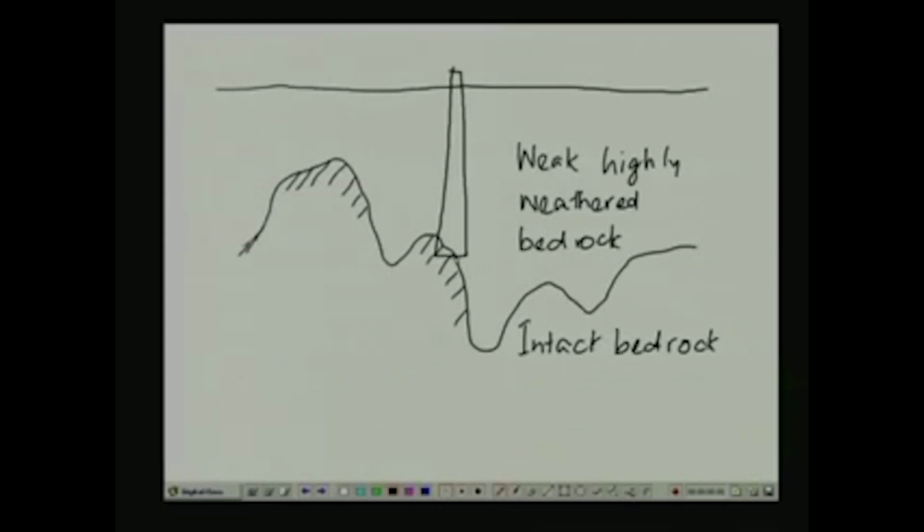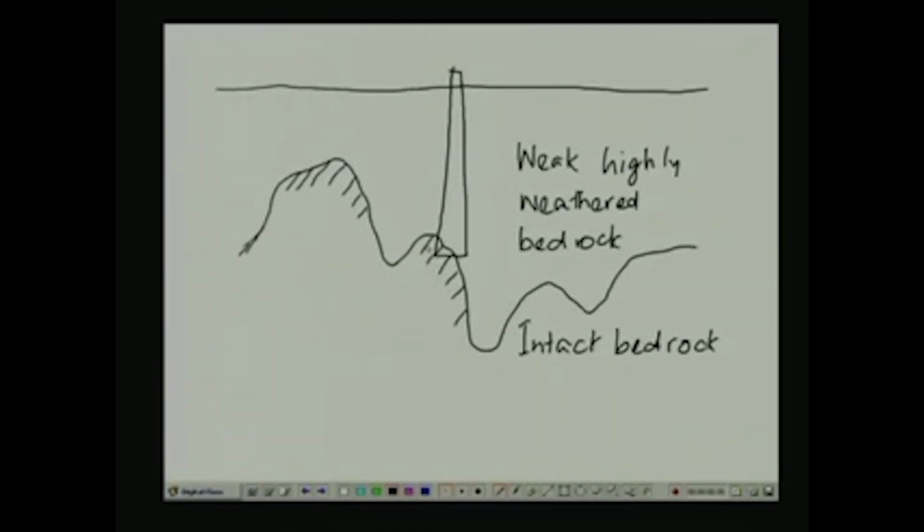If the bridge construction were not properly planned, we could have a bridge pier which actually rests on bedrock in such a configuration. Now, you can easily say from intuition that this particular configuration is not going to be safe at all.